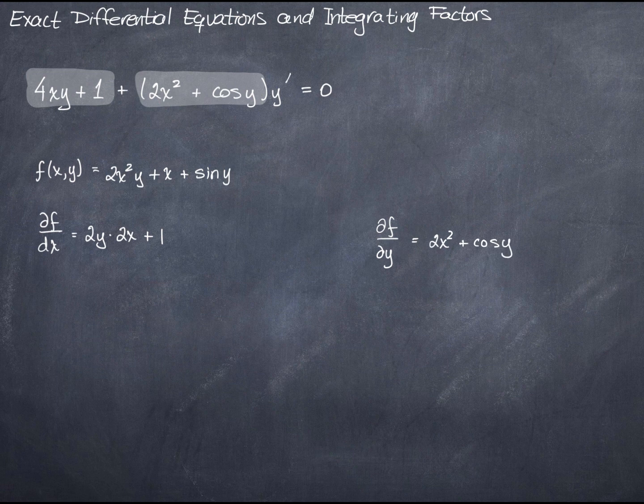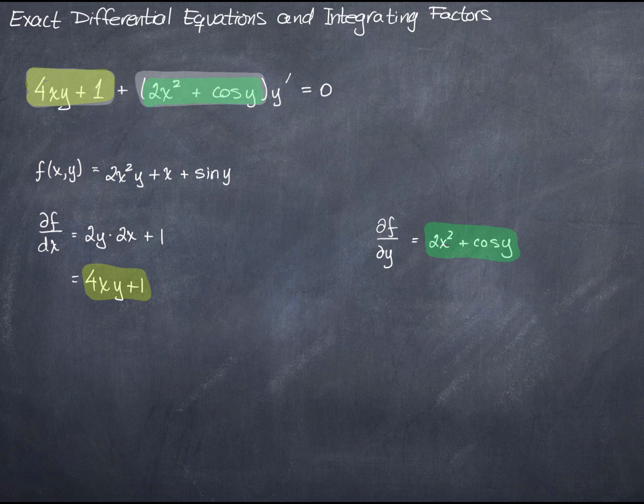And now, let me tidy this up a little bit. This is equal to 4xy plus 1. And when I look at this, I see this function. And when I look at this, 2x squared plus cosine y, I see this function. So I can write this differently.